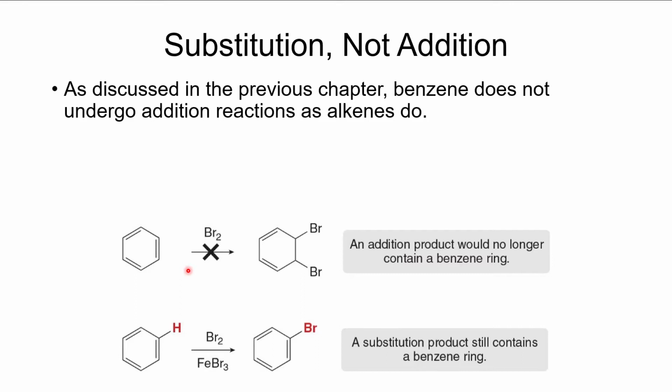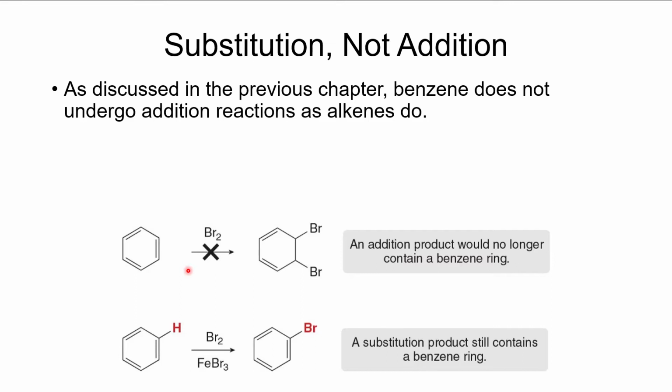And this has to do with the entropy. When you have an addition reaction, the entropy is going to decrease. And if you have a negative value for delta S and a positive value for delta H, the enthalpy, you're going to end up getting a value of delta G that is just not possible.